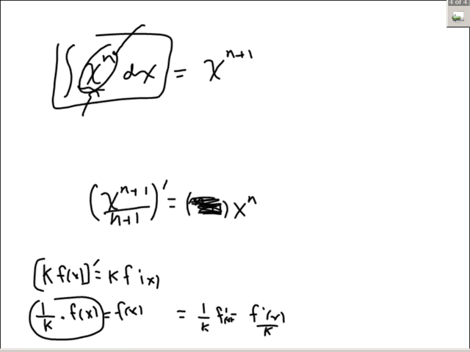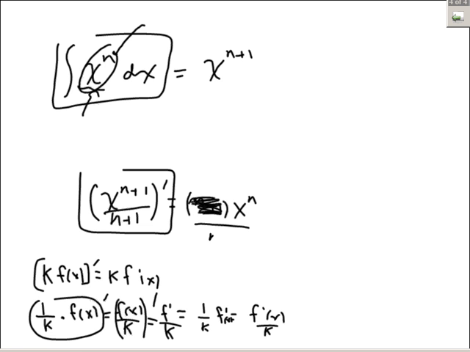This here is f of x over k. It's fine to leave the constant where it is and take the derivative of the top. When I take the derivative of this, the n plus 1 stays in the bottom, and the derivative of x to the n plus 1 is n plus 1 times x to the n. And we rigged it for the n plus 1's to cancel. So that's the answer, plus a constant.